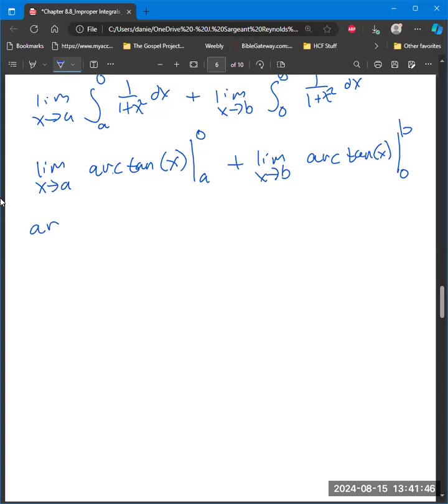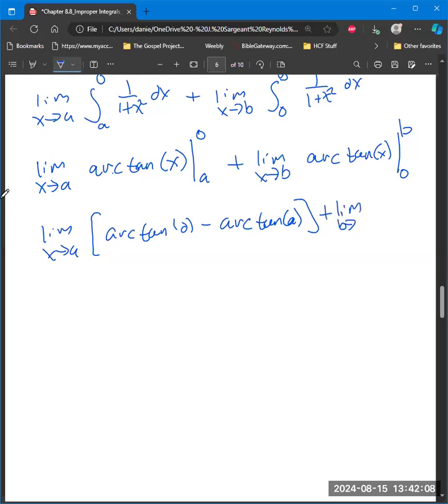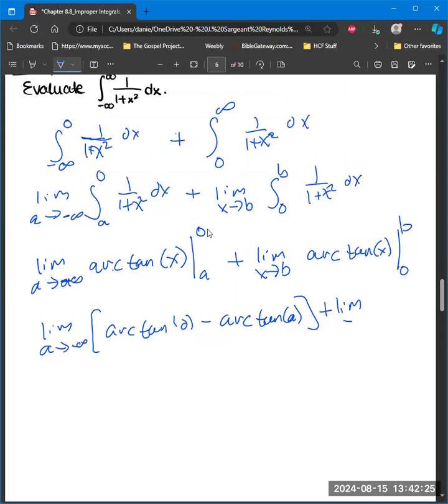So this is limit as a goes to negative infinity of arctan of 0 minus arctan of a, plus limit as b goes to infinity of arctan of b minus arctan of 0.